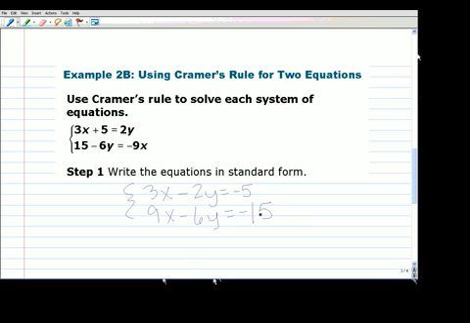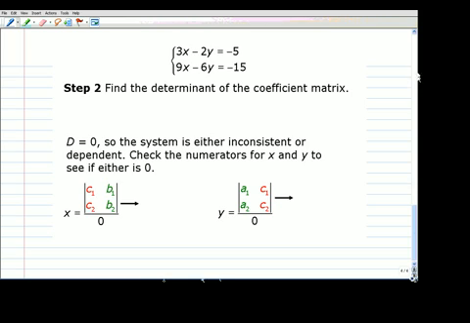Now that our equations are in standard form, we can proceed by finding the determinant of the coefficient matrix. So here are the equations in standard form again. So it's easy. The determinant of the coefficient matrix, our coefficient matrix is 3, 9, -2, and -6.